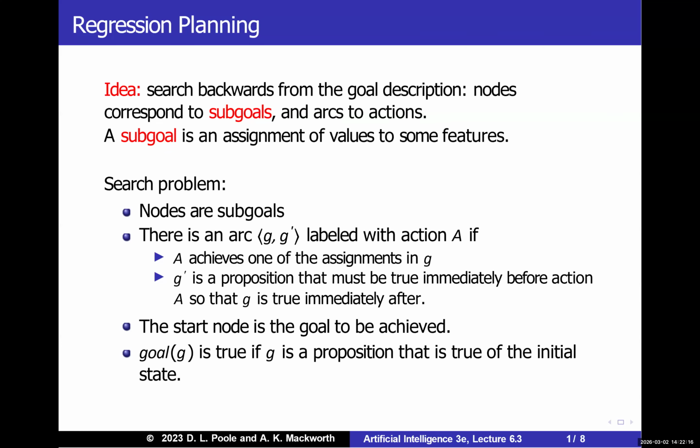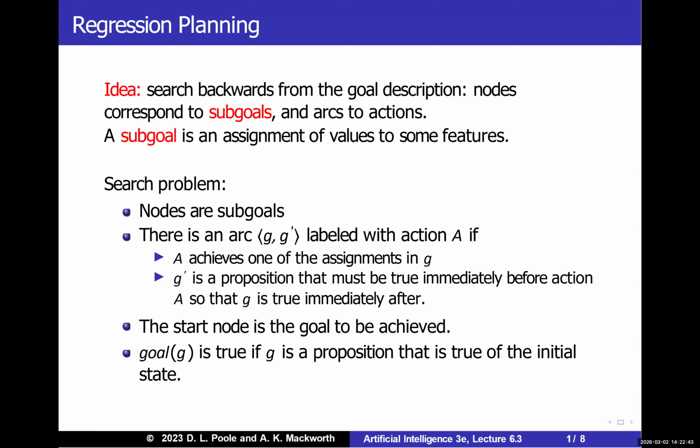Now let's talk about regression planning. Regression planning takes a different perspective. Instead of starting from the initial state and searching forward, we begin with the goal condition and work backward. We ask what must be true immediately before this goal can be satisfied. In regression planning, nodes represent sub-goals, partial descriptions of states that must hold.